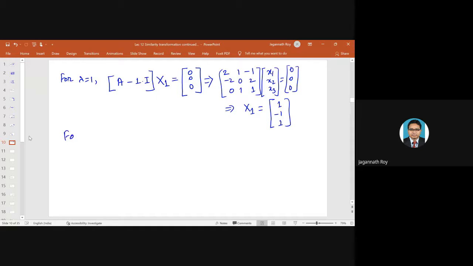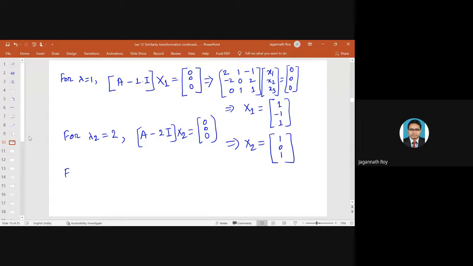For lambda 2, A minus 2I times x2 equals 0 0 0, and you will get x2 equals 1 0 1. For lambda 3, A minus 3I times x3 equals 0 0 0, and this becomes x3 equals 0 1 1.